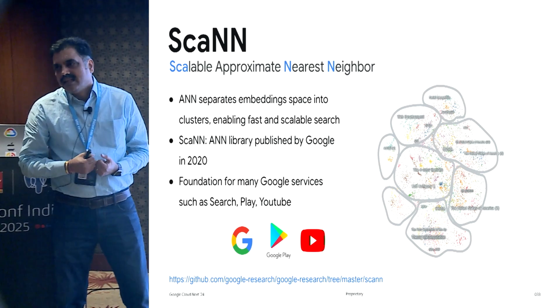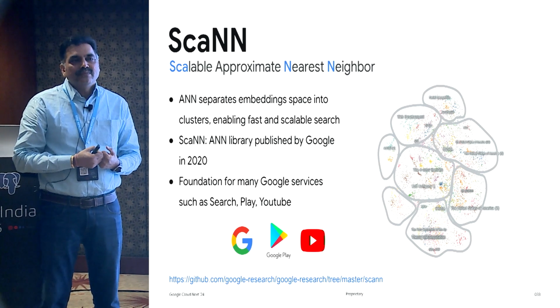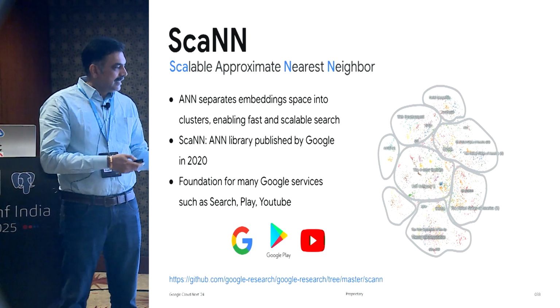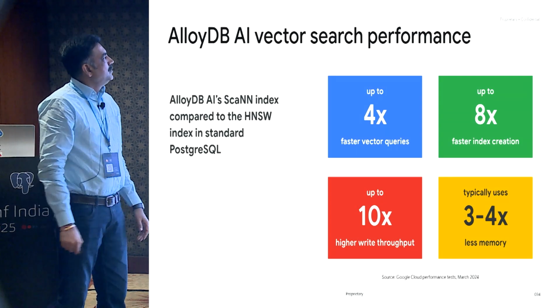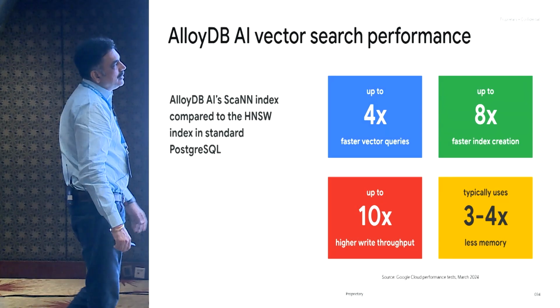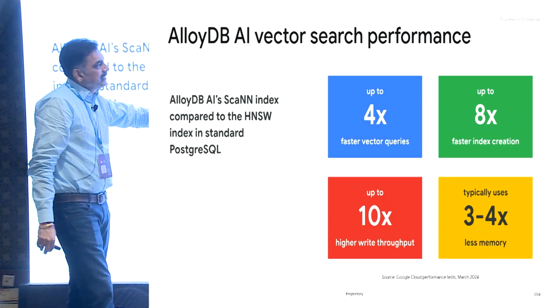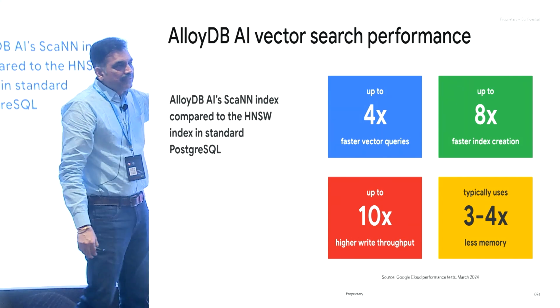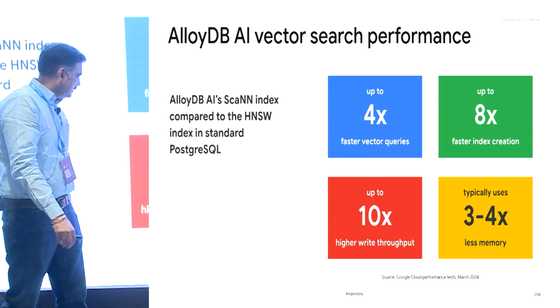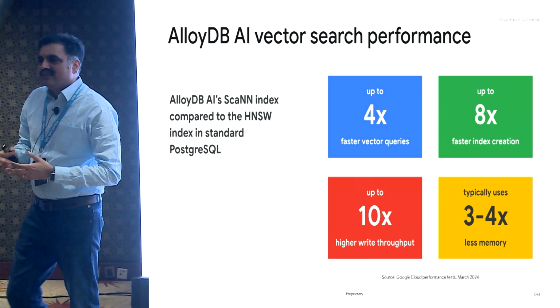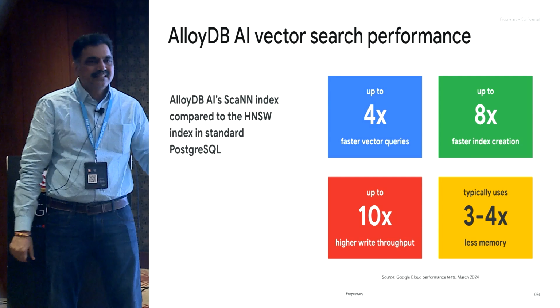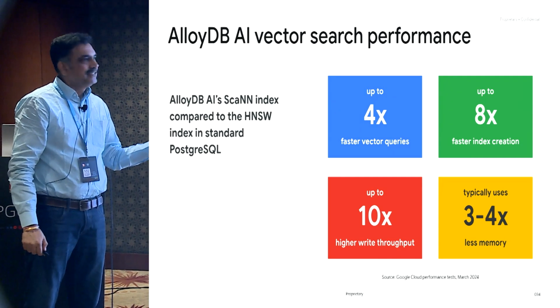So we had ScaNN, and this is what we included in our flagship product called AlloyDB. Let me quickly share some of the benchmarks of ScaNN. The ScaNN index is almost 4 times faster for vector queries. Index creation is 8 times better, almost 10 times in throughput, and it uses 3 to 4 times less memory. It varies, but this is just based on our internal testing.